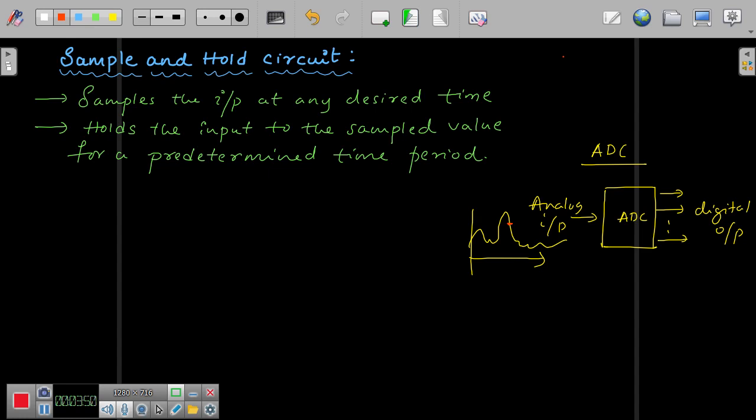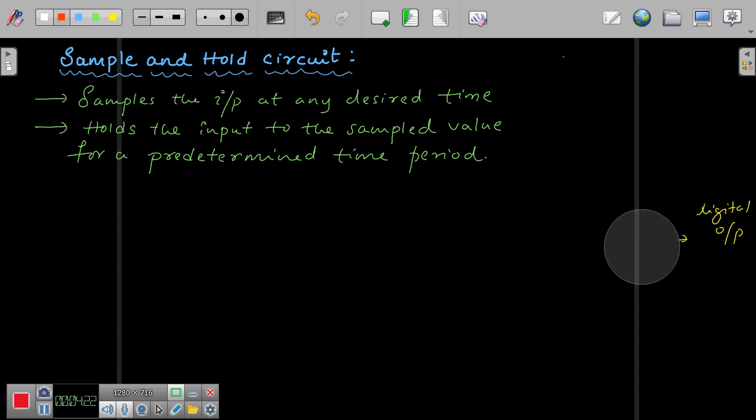So you have to sample the value at this instant, and hold that value for a certain period of time, till it is processed further or converted into its digital equivalent. Sometimes it is used in modulation techniques and communication techniques. So many examples are there as far as the sample and hold circuit is concerned.